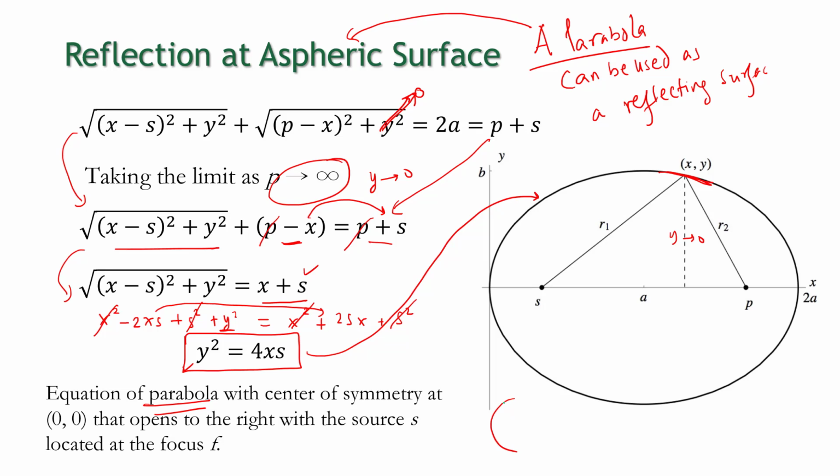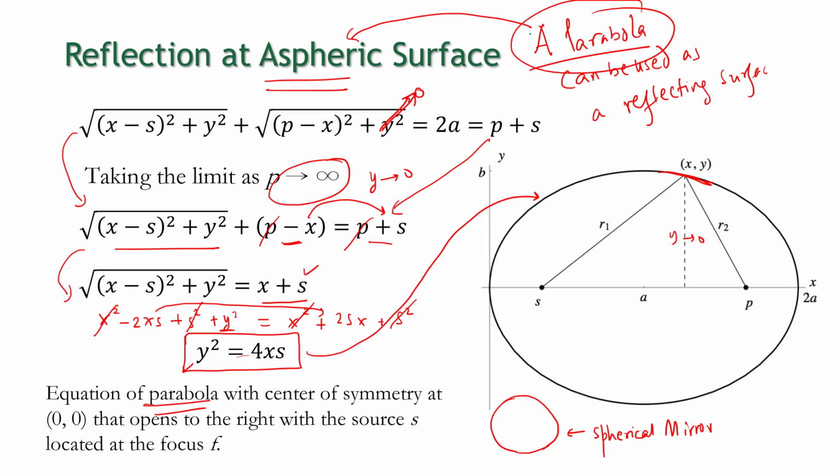If you have a perfect sphere, then we have learned about the spherical mirror. This spherical mirror is a part of a spherical surface, but here we are talking about an aspheric surface that is not perfectly spherical. And that is a parabola.